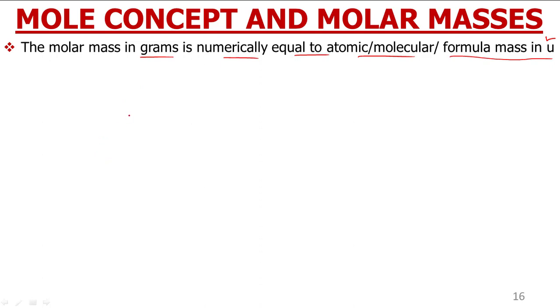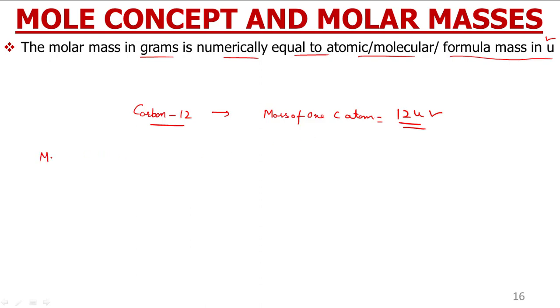Now suppose we have one carbon atom, carbon-12. Let us see. The mass of one carbon atom is 12 U. Now let us try to calculate its molar mass.